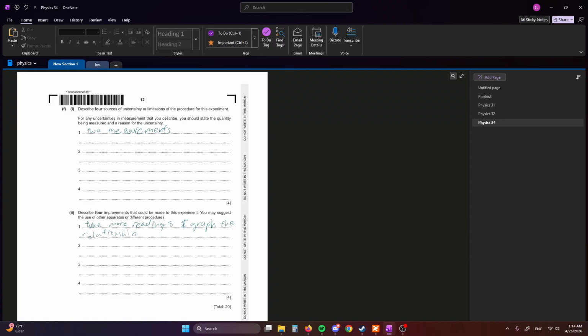Another one that's pretty much universal in every experiment, for timing at least, is that it's hard to measure time accurately due to human error, or human reaction time, basically.